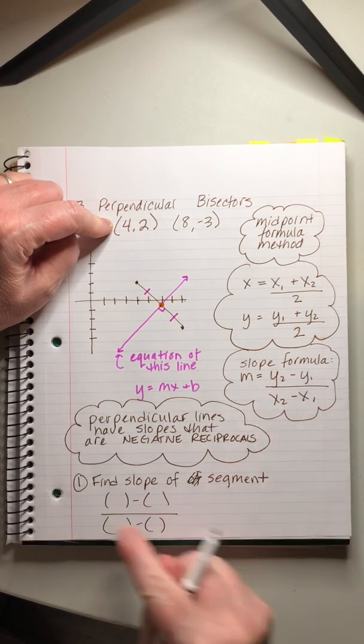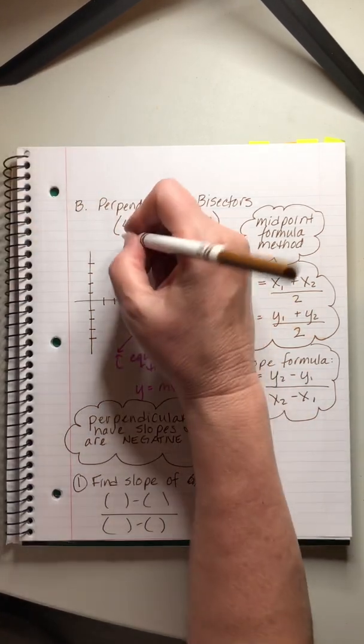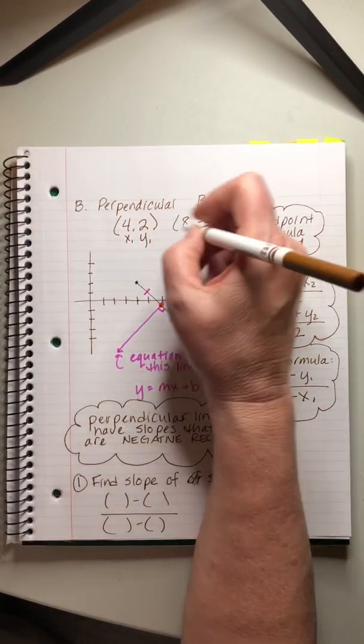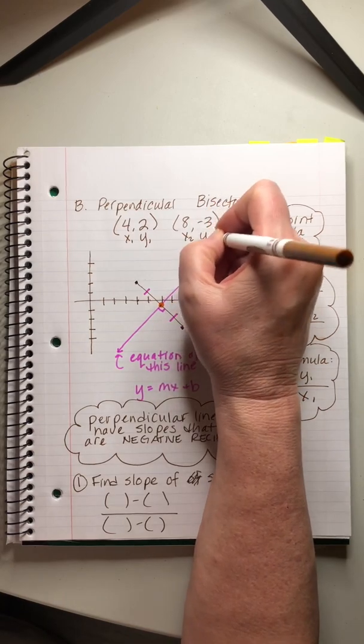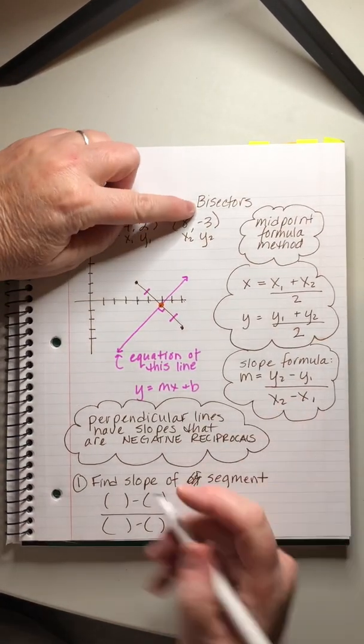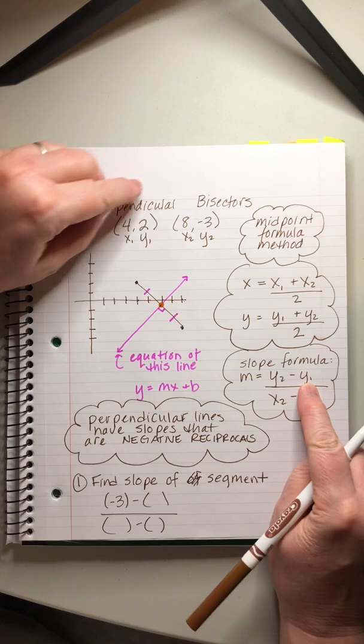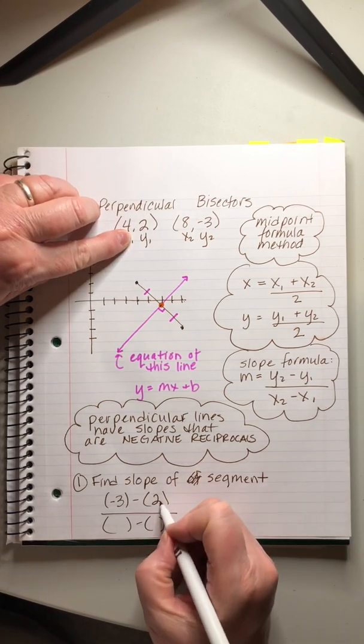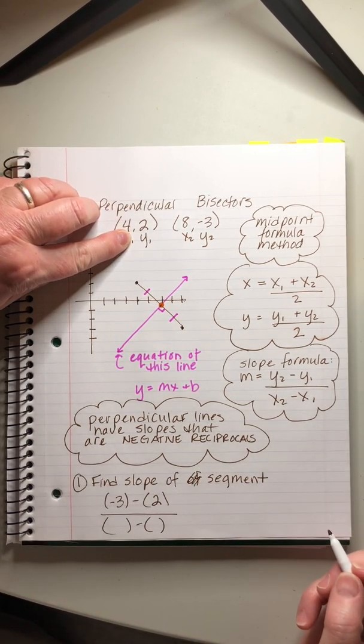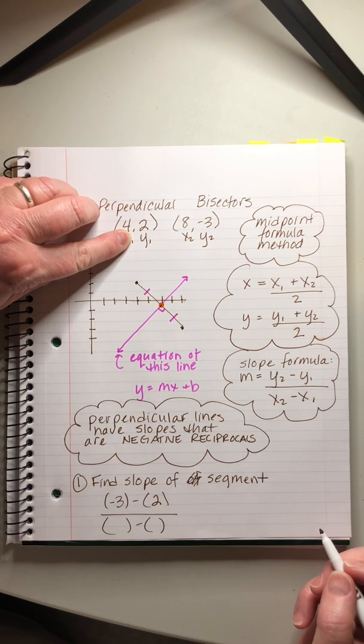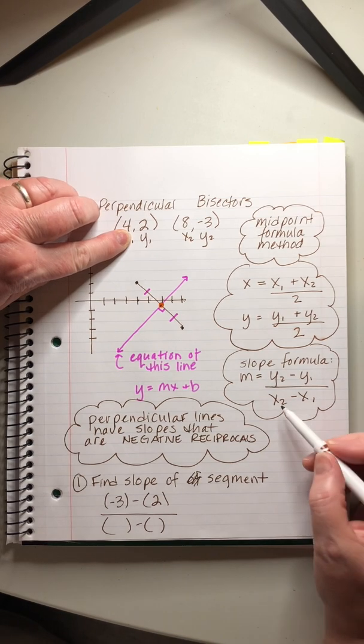My buckets look just like that. I'll call this x1, y1, x2, y2. Okay, y2, -3. y1, carefully filling in, right? I go so fast, I forget to wait for you guys. I'm sorry.